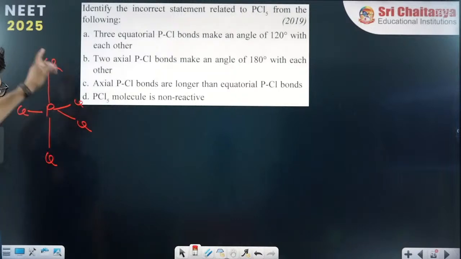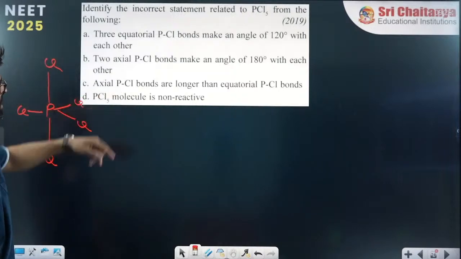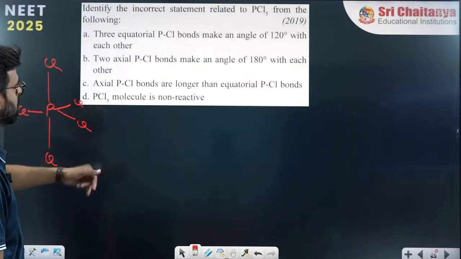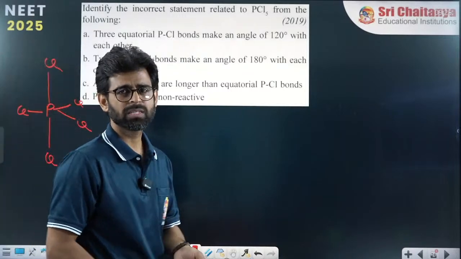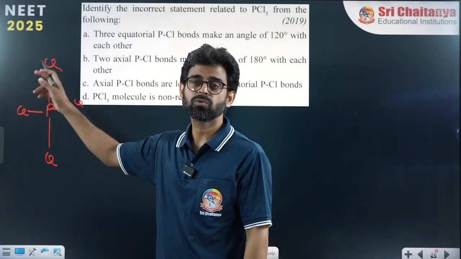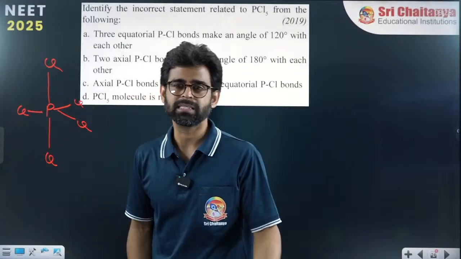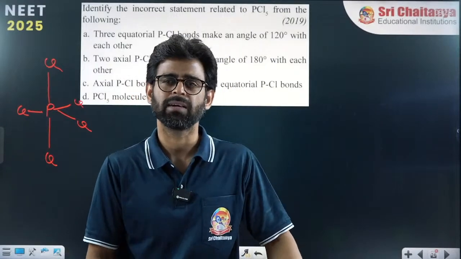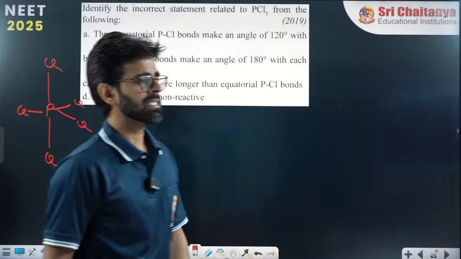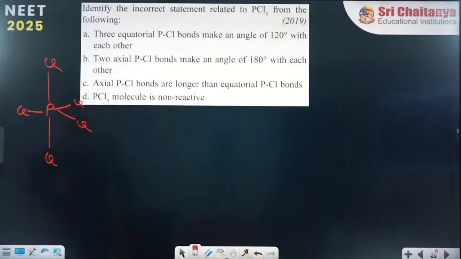Axial bonds are longer, yes. The statement that the PCl5 molecule is non-reactive is wrong, it is reactive because these two are longer bonds, so these two Cl want to break away easily. Even if you heat PCl5, it gives you PCl3 plus Cl2. That is incorrect, and they are asking for the incorrect one.